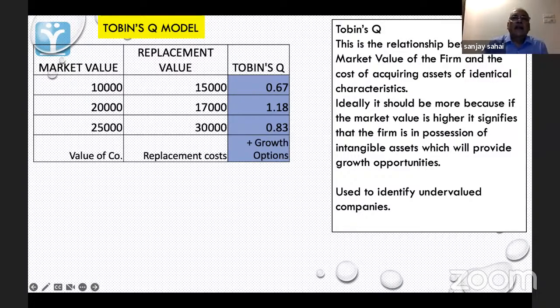It is less than the value of its own assets. If you look logically, any company should have a value that is much more than the value of its own assets, for the simple reason that there are so many other factors. For example, there is the brand equity that the company has, the customer relationships. It has a number of loyal customers, it has human resources, which are also intangible.